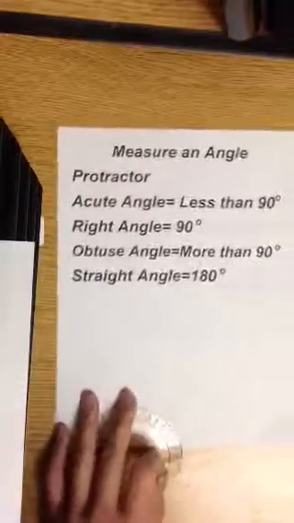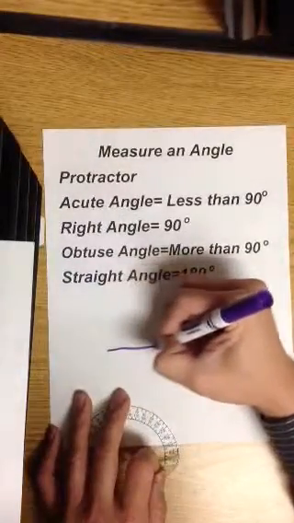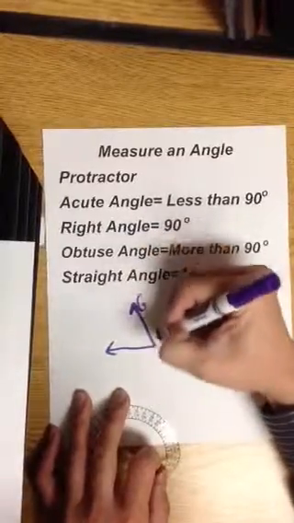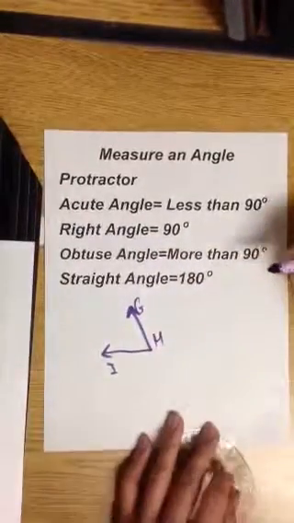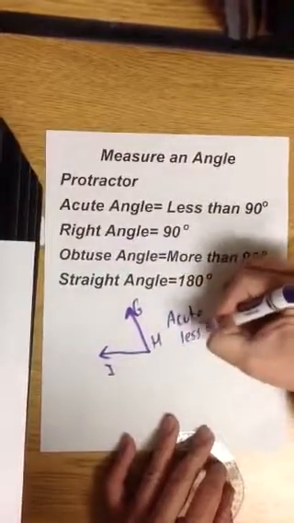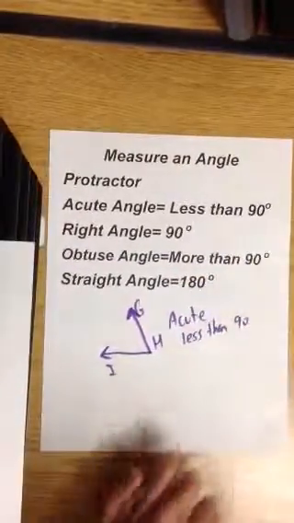Let's try another example. Let's make it a little harder. This is GHI. What type of angle do you think this is? It looks like an acute angle. Again, the definition of an acute angle is less than 90.